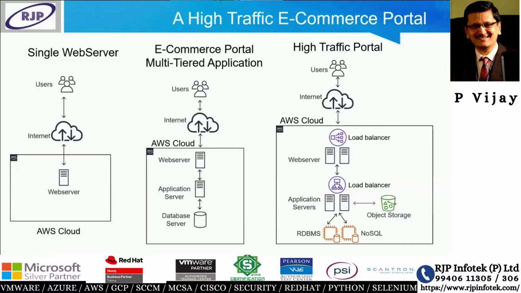And when my product range offerings expand in my portal, I also need to go in for different types of databases. While the RDBMS, the database server, is going to hold all user information, my NoSQL is going to hold a lot of non-user information as well, which could be about the products, the vendors that I register, and so on and so forth.